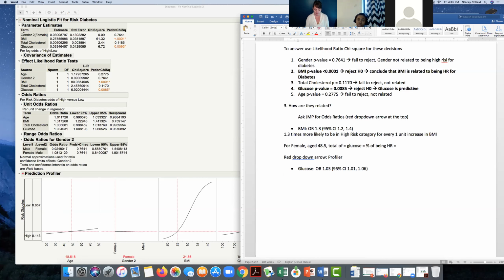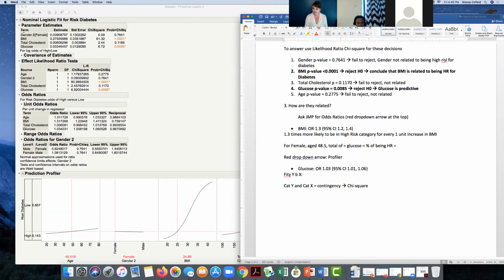If I have fit y by x and I have categorical y and categorical x, that's contingency, and that is a chi-square test.